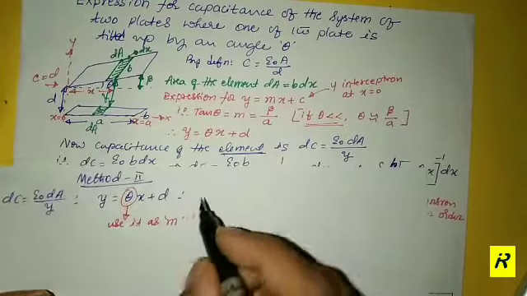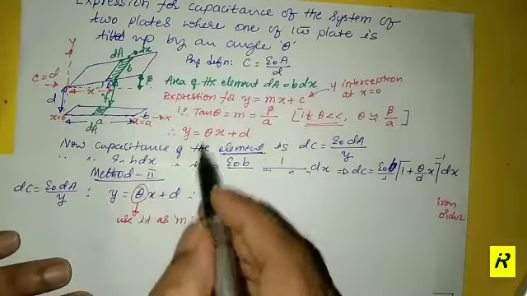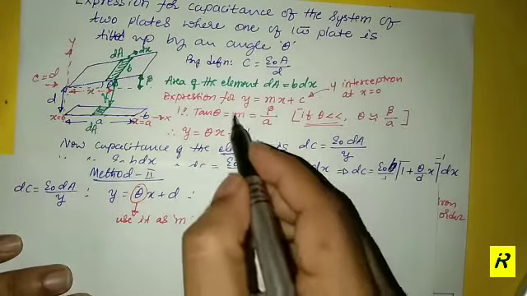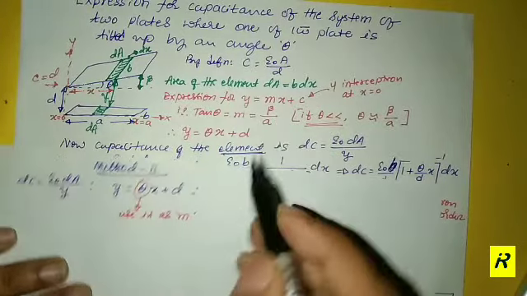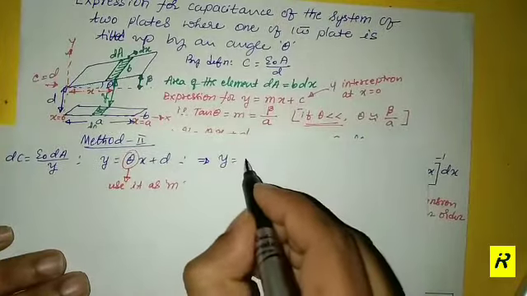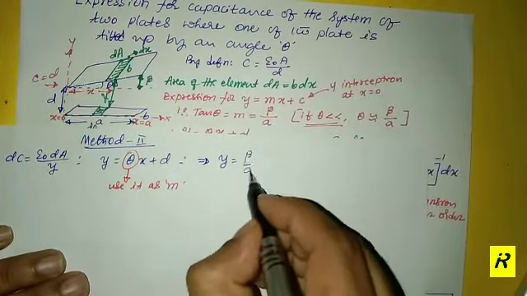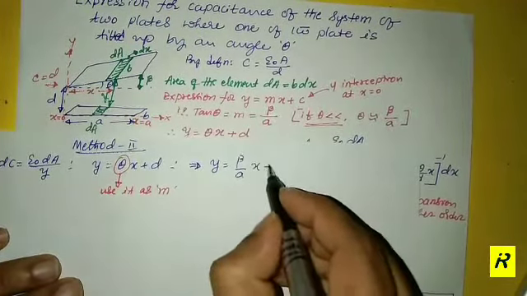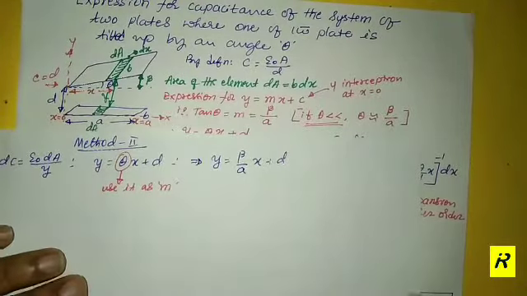So that means instead of using theta, if I use m, so m is beta divided by a, right? Which implies I can write y is equal to beta divided by a into x plus d. This is what I can write.